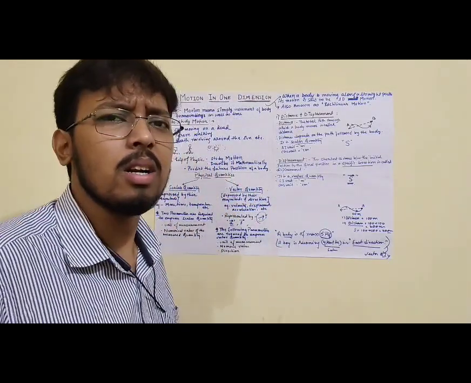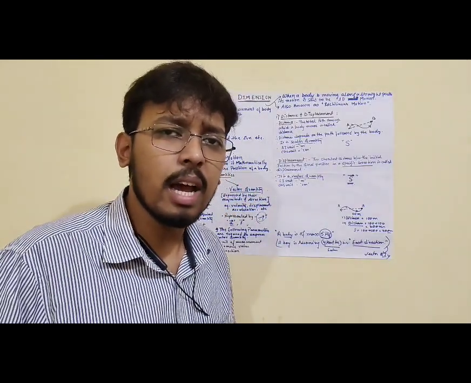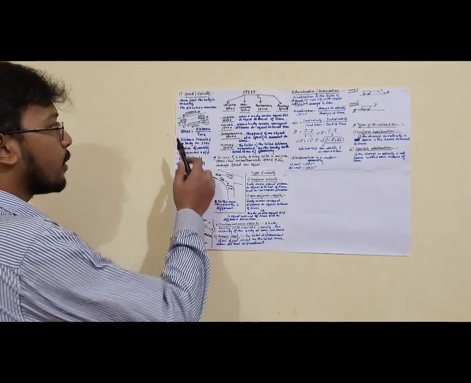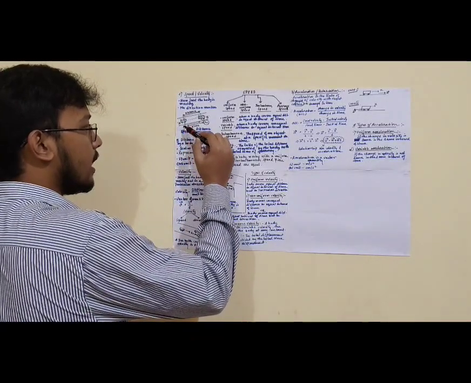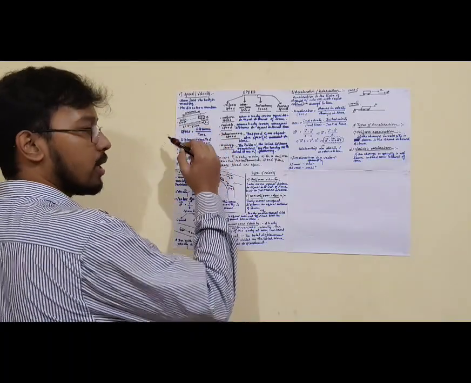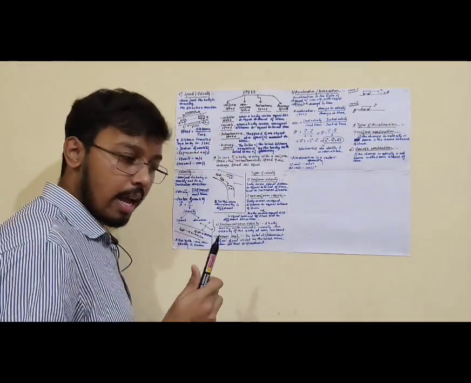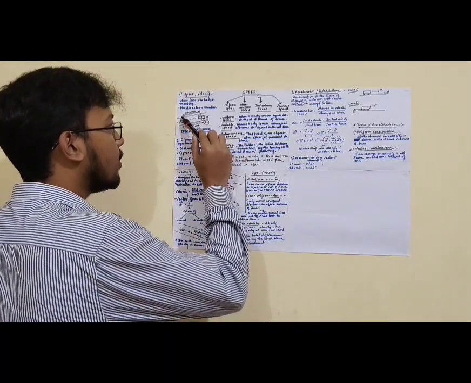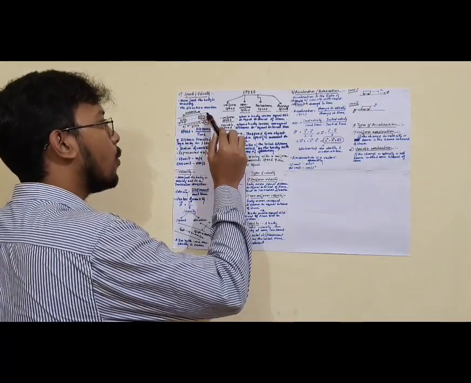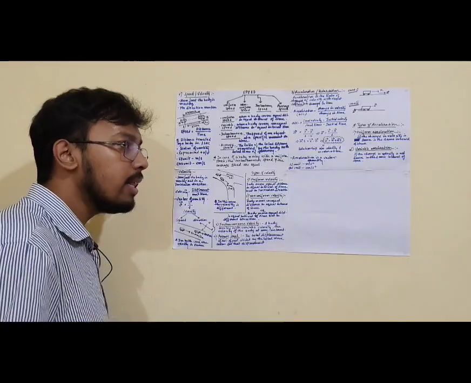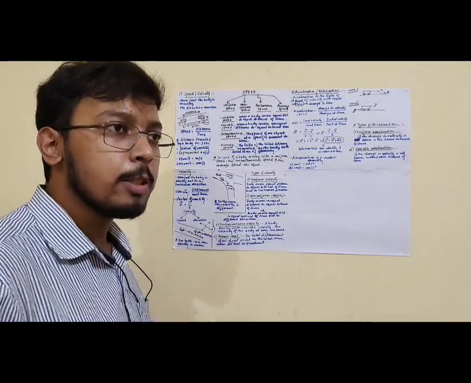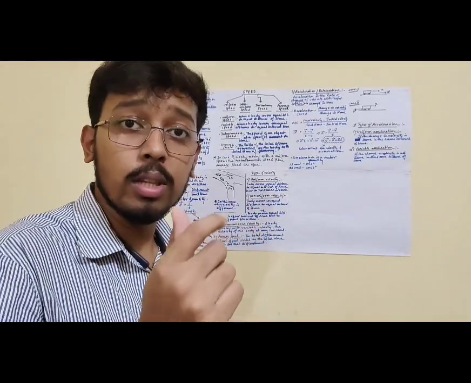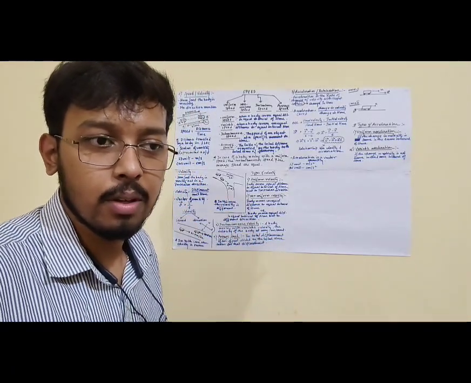So the next fundamental parameter is speed and velocity. What is speed? In this diagram you can see that car A at time t1 is in position A. Then as time goes on, at time t2, the car travels a certain distance and comes to point B. So by this, you can say that speed is the rate of change of distance with respect to time.